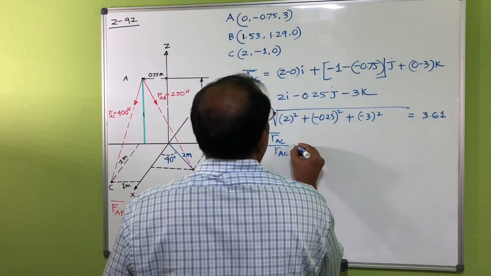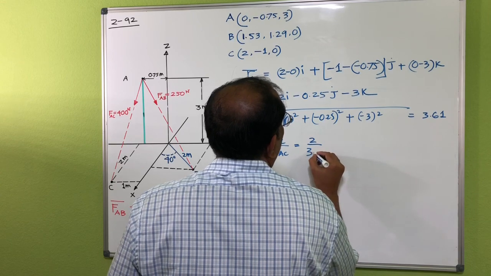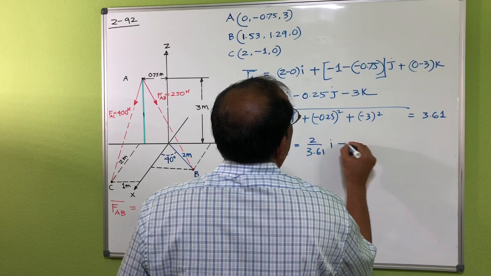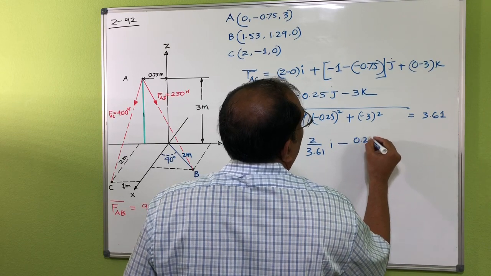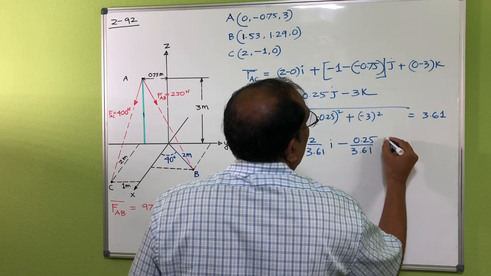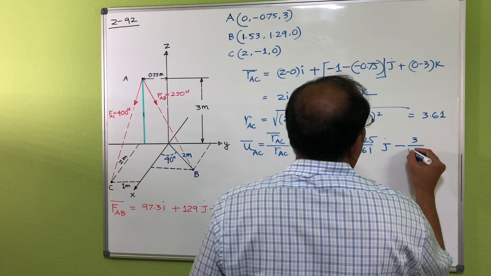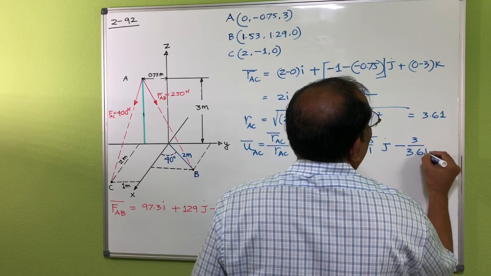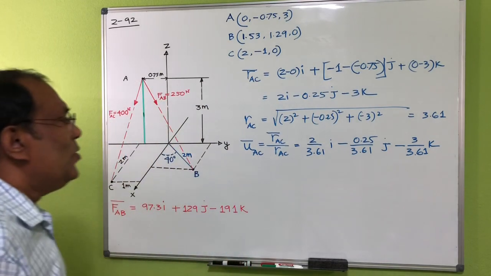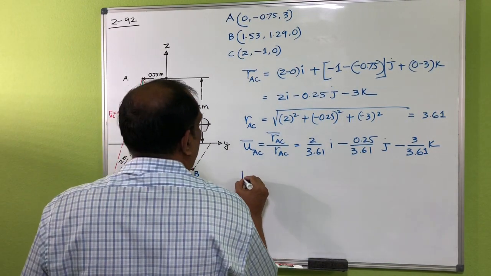So this one is nothing but 2 divided by 3.61 I minus 0.25 divided by 3.61 J minus 3 divided by 3.61 K. So I can definitely express that one in force vector now.